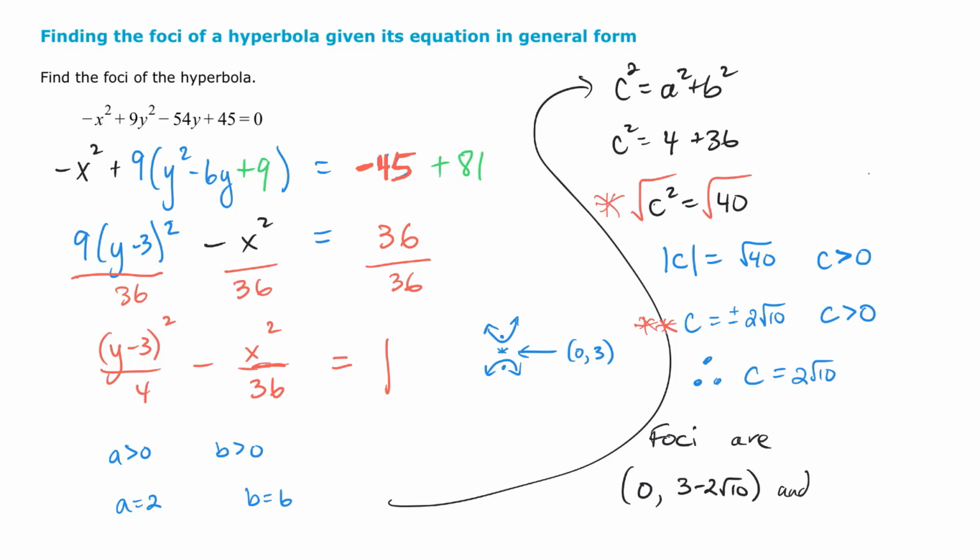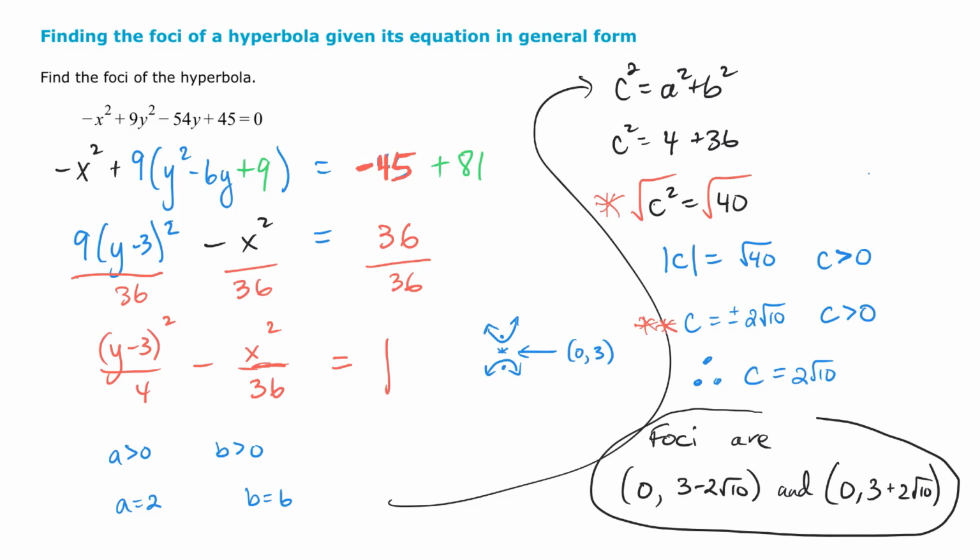And what's the other one? 0, comma, 3 plus 2 root 10. And so there are the foci for the hyperbola.